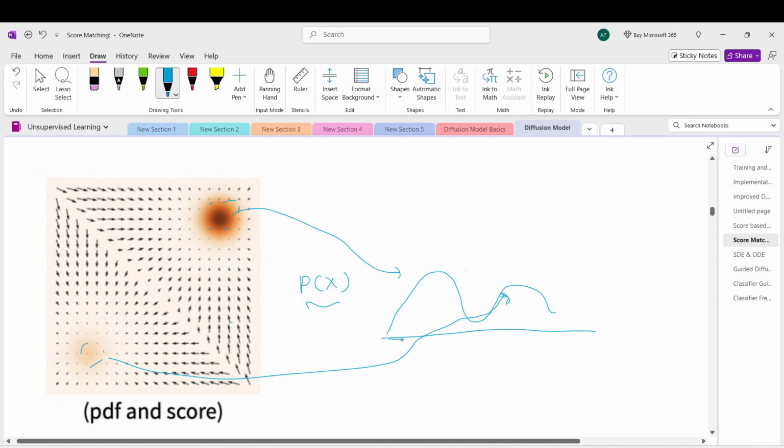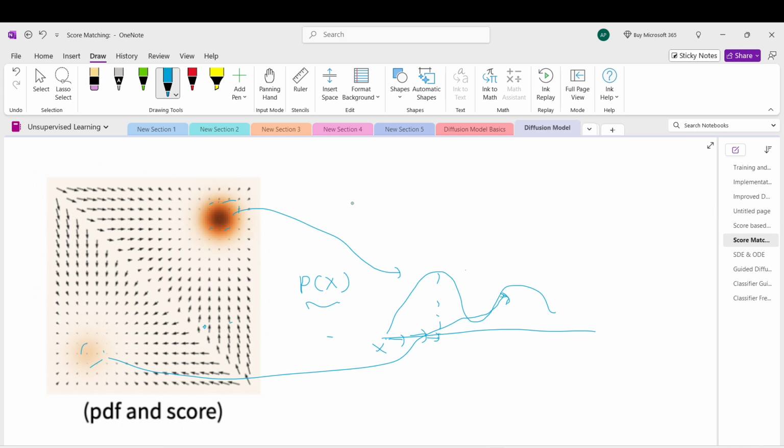If you take one dimension, it will give the direction like this. If you start from somewhere here, it will give the direction you have to move to reach the maximum value. That's the intuition of the score function.